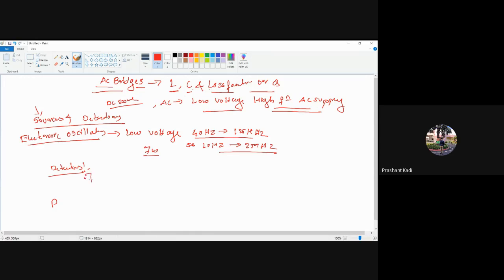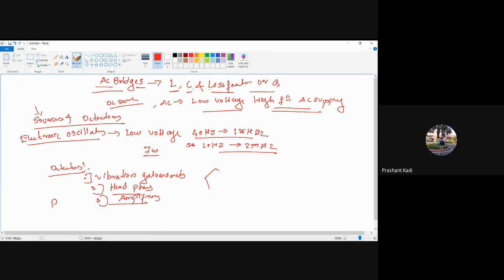The first detector is vibration galvanometers. Just remember the word vibration galvanometers. The second one is headphones. And the third one is amplifiers.